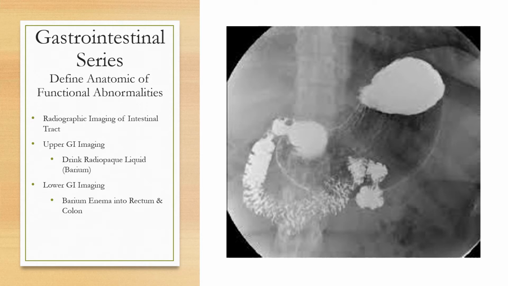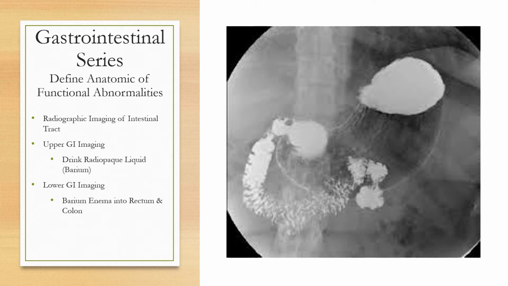Okay. All right, so how does this work? Well, in terms of the upper GI series, or the barium swallow, it's called, you have the patient drink this liquid radio-opaque solution that has barium in it.